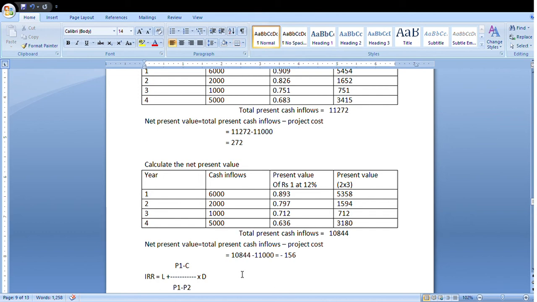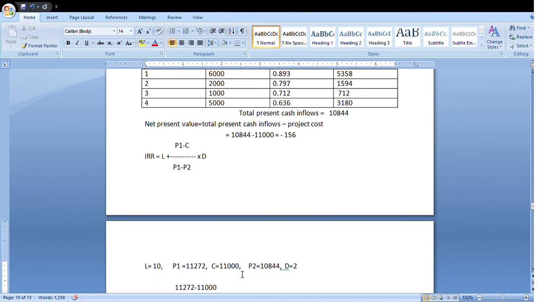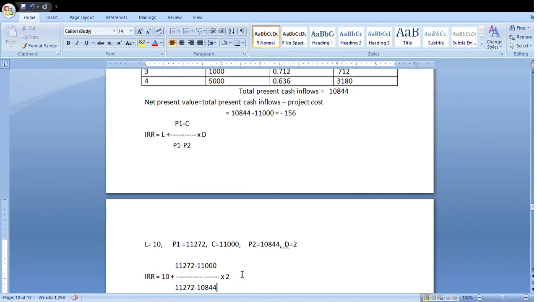Next, apply the formula to calculate the internal rate of return. Internal rate of return is equal to L plus (P1 minus C) divided by (P1 minus P2), into D. L is equal to the lowest discount rate, 10.